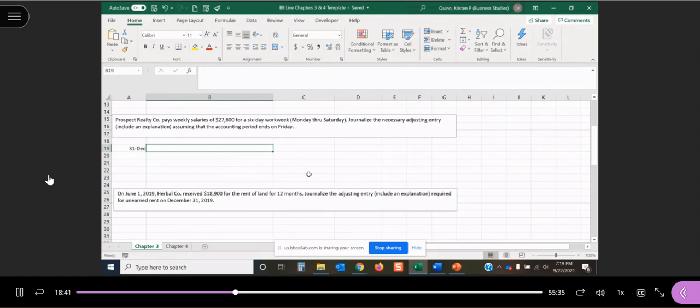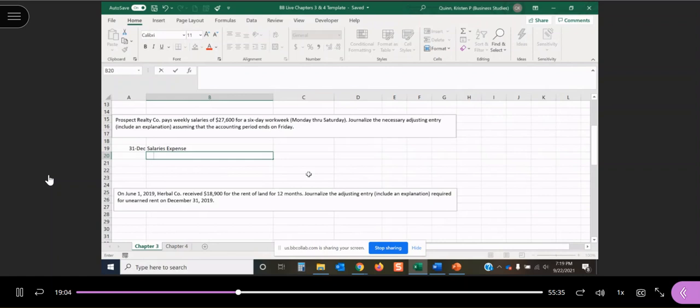So they tell us that we're paying weekly salaries, so we're going to have a salaries expense. And they tell us that our employees work Monday through Saturday, but the accounting period ends on a Friday. So let's say September 30th is a Friday, October 1st is now going to be the last day of our work week, and then they're going to get paid the next day.